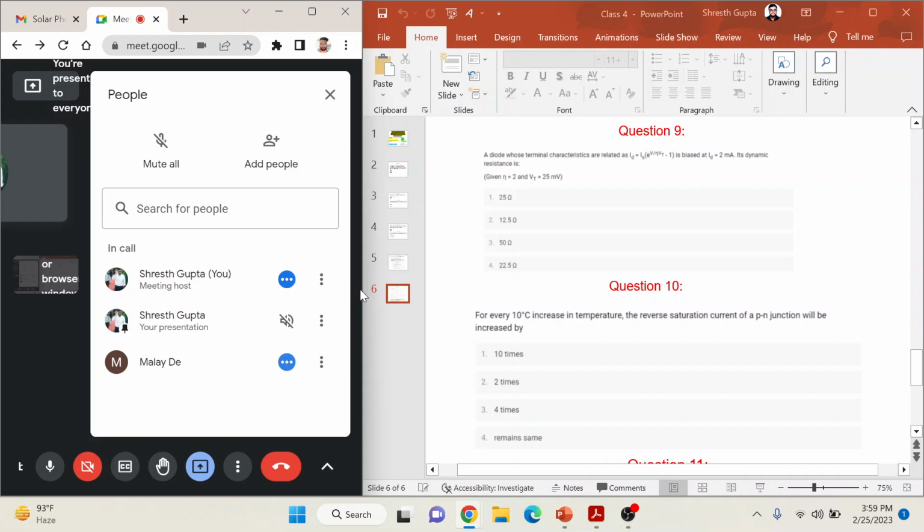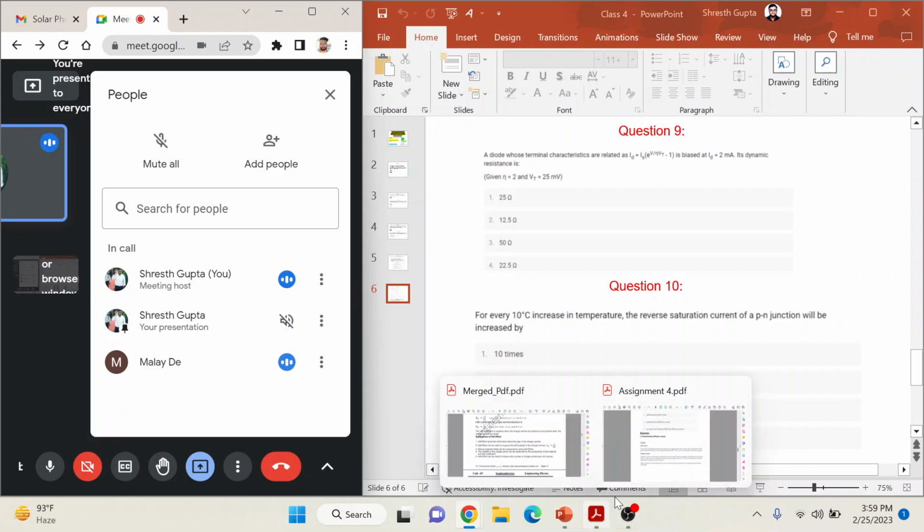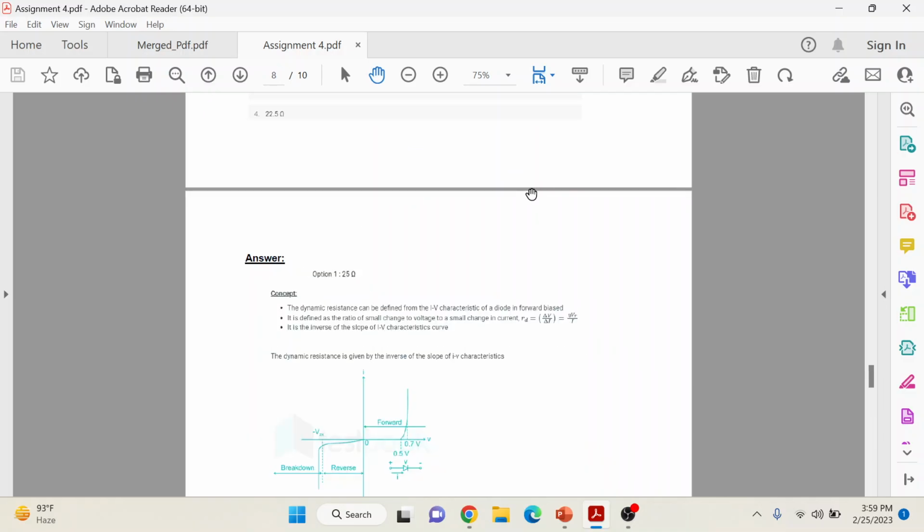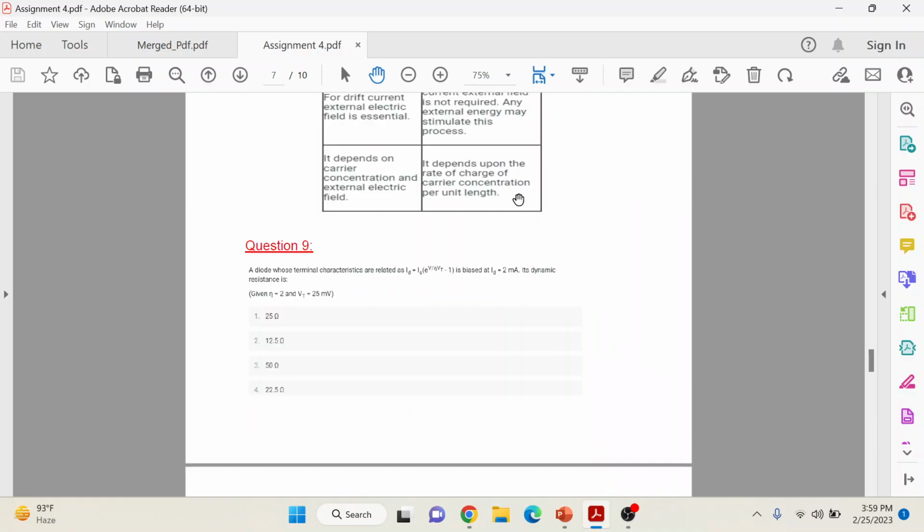Sir, it's 12.5, right? Okay, 12.5 ohm you're saying. Okay, let's see the answer. Yes, the answer is 25 ohm. You may have made a little mistake.